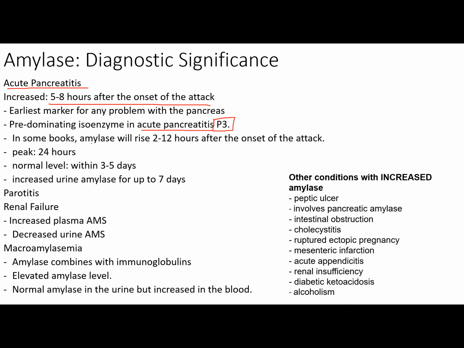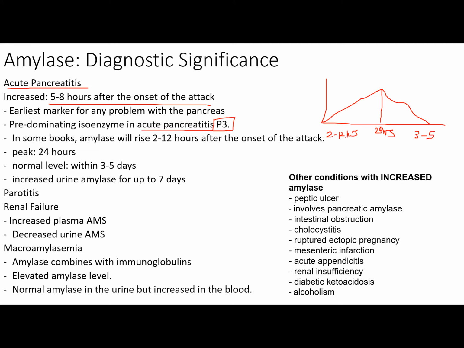In some books, please take note that amylase will rise 2 to 12 hours after the onset of the attack. It would peak at 24 hours and return to normal in 3 to 5 days.